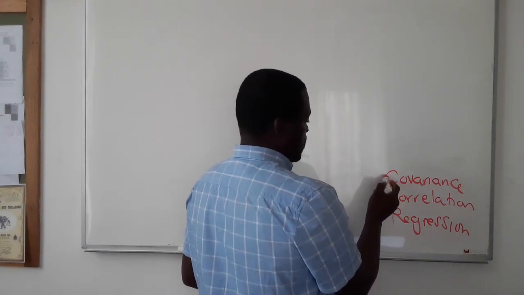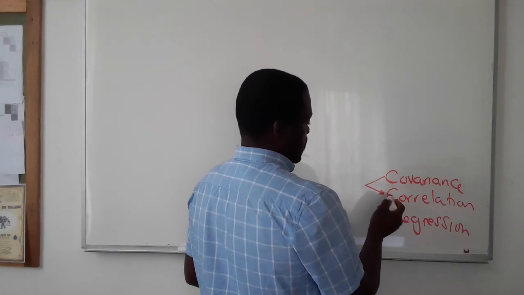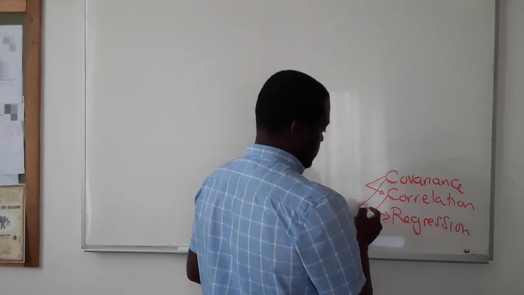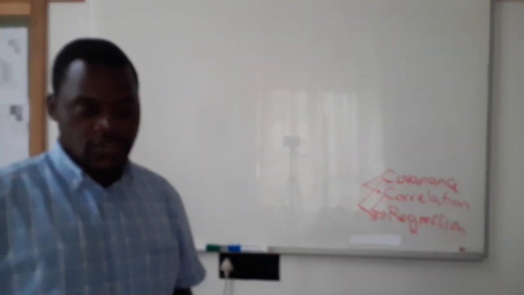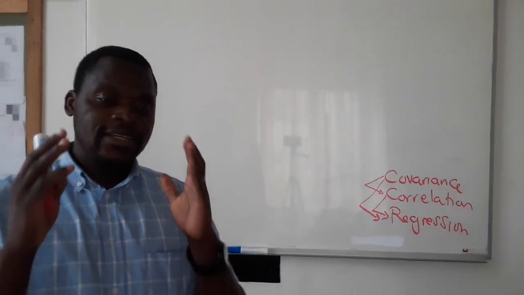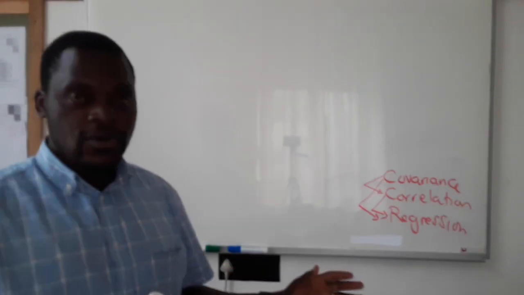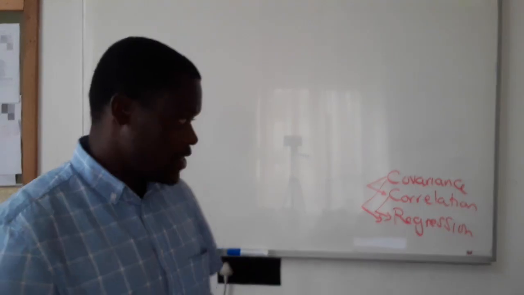You can move from here to there, or directly from here to there. So there are several interrelationships amongst those three, and you need to convince yourself by the end of this course in June that you have understood those three relationships.